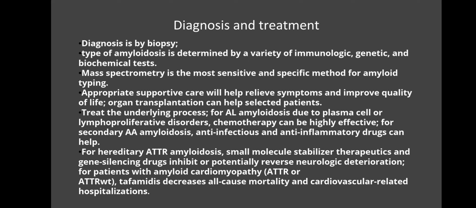For hereditary amyloidosis, we can give small molecule stabilizer therapeutics and gene silencing drugs, which will inhibit those cells which are producing the protein, or inhibit the gene of that system.